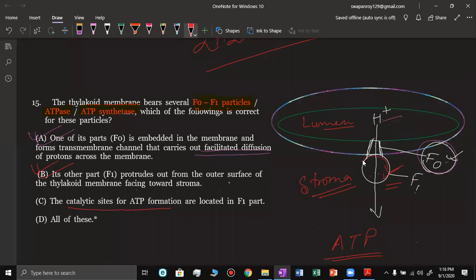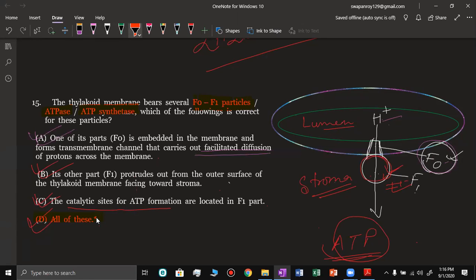This F1 portion of the protein functions as an enzyme and catalyzes the synthesis of ATP. So this one is the ATP synthetase. This is also correct. So all three statements are correct, and our answer is all of these.